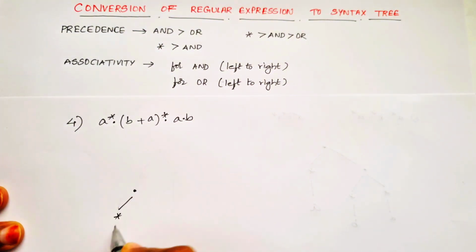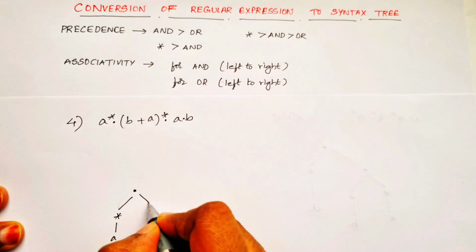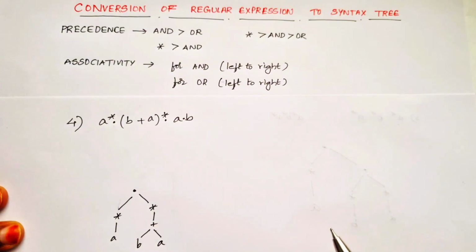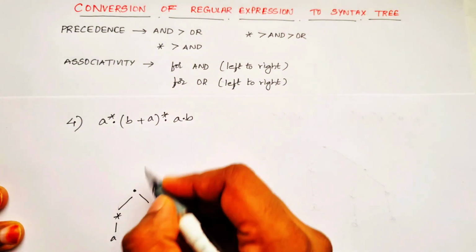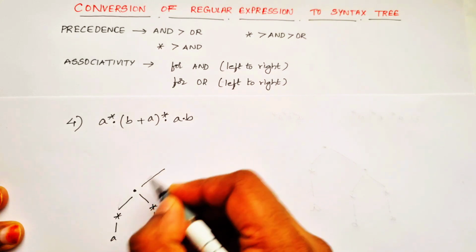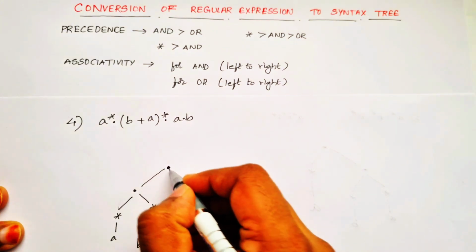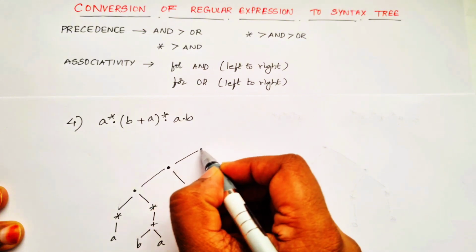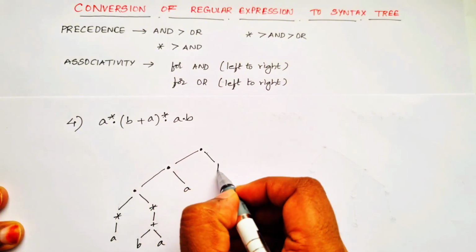A star. This side again you have Kleene closure, and this, B and then A. And then this dot is performed with A. Then this dot is performed with B.